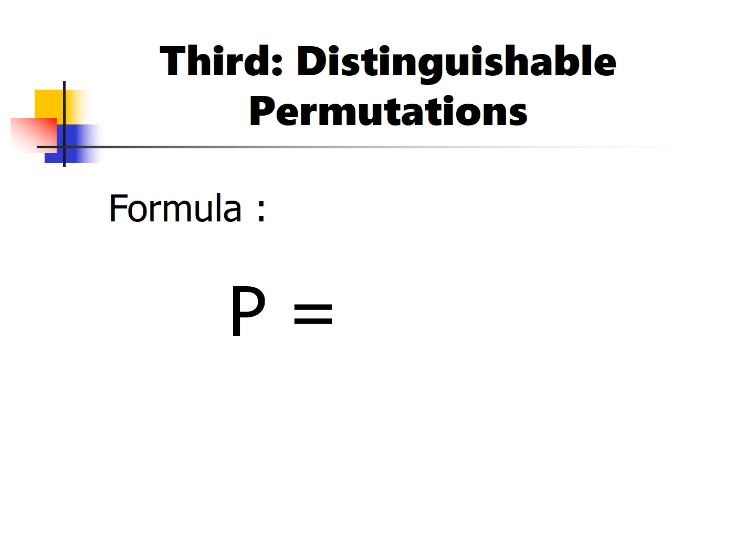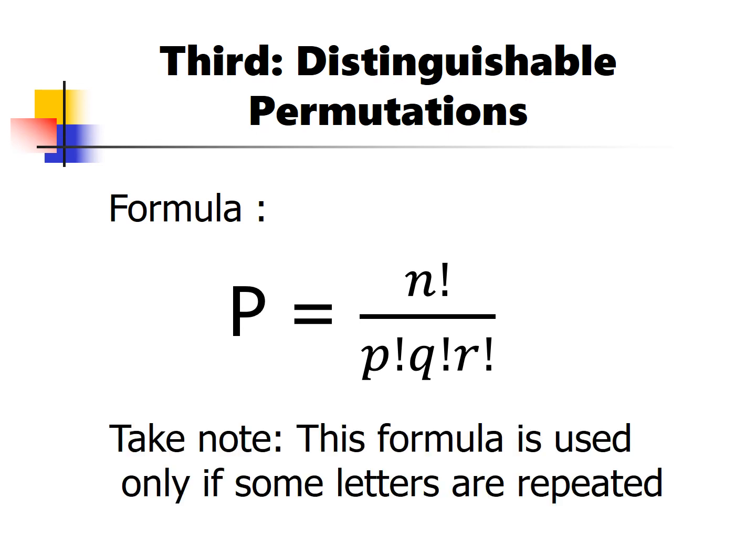So, anong gagamitin na formula? It's n factorial over p factorial, q factorial, r factorial, or even s factorial, hanggang t factorial o hanggang ilan. Depende sa kung ilan yung naulit. So, again, take note, this formula is used only if some letters are repeated. So, may mga words tayo na may nauulit na letters.